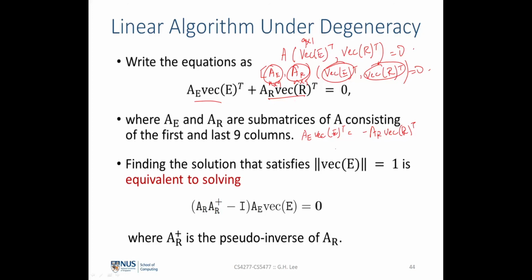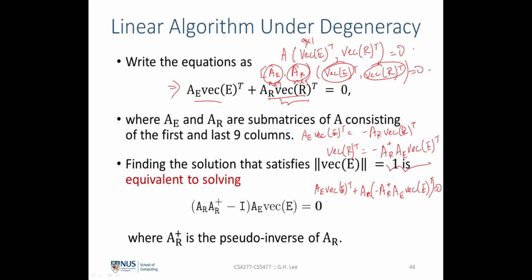We can now solve for the vector of R by simply taking the pseudo inverse of AR, so that it equals AR pseudo inverse, denoted by a superscript plus, multiplied by AE and the vector of E. Plugging this back into the equation, we can eliminate the vector of R and rewrite it into the form AE times the vector of E plus AR multiplied by minus AR plus AE times the vector of E, equals 0.